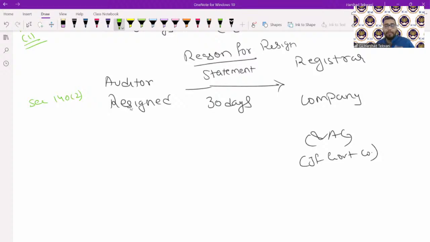If the auditor does not comply with this provision, then he will be liable for the penalty. Earlier, the limit of the penalty was different; now, with the amendment, the limit has been reduced.